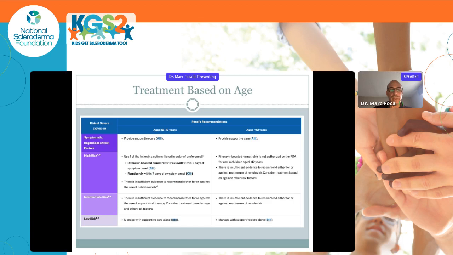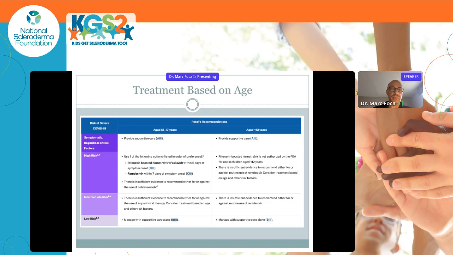So if you're under 12, unfortunately, the only option is to be treated with remdesivir because the other treatments are not available for children under 12. I will say if your child is not yet ill with COVID, but your doctors and nurse practitioners are worried that they're at high risk and they could become symptomatic, you can treat with remdesivir for 3 days rather than 7 days as an outpatient.